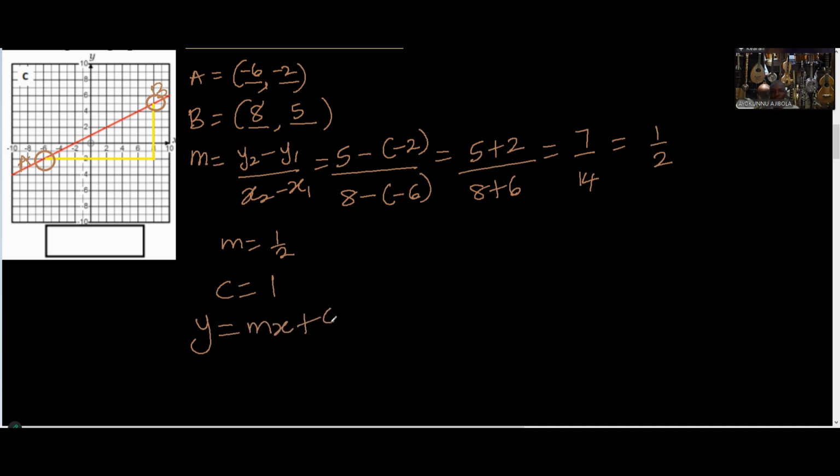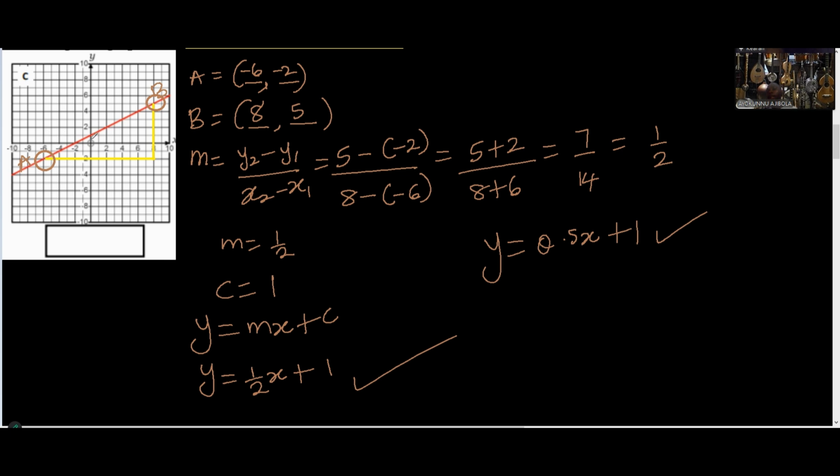Very good. So C is 1 and M is half. So what will be my equation? Y equals half x plus what? C, right? Plus 1. Or I say 0.5x plus 1, okay? So y equals 0.5x plus 1.